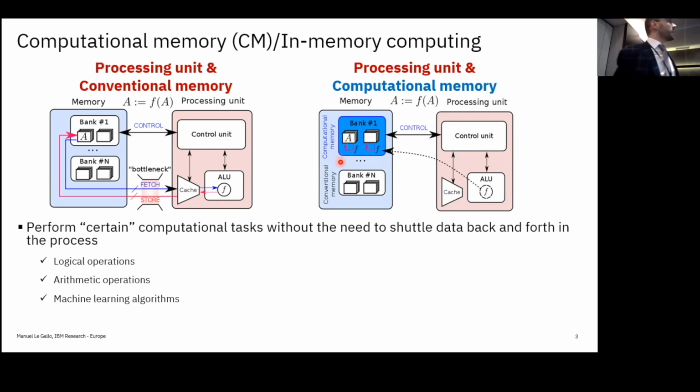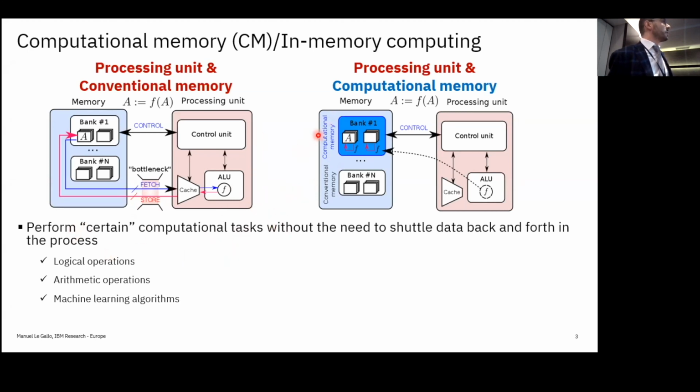So as Onur rightly pointed out at the beginning this morning, we cannot hope to do general purpose computing with this kind of scheme, because the operations that you can do here are essentially tied to the analog properties of these memory devices. So you can just do certain computational tasks, not everything.